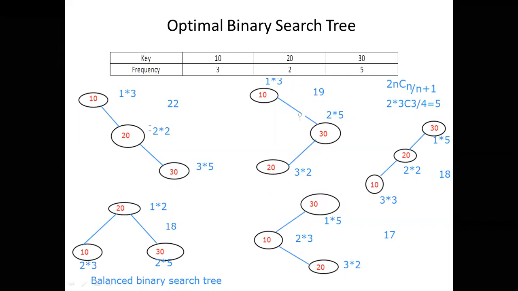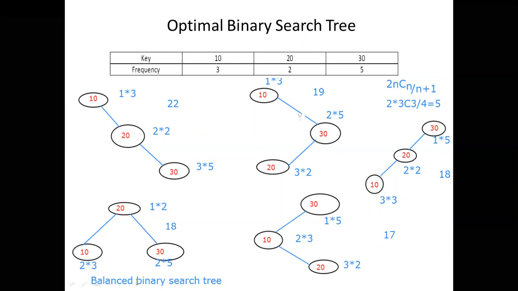One is 22, first tree. Second one is 19. Third one is 18. Fourth one is 17. Fifth one is 18. Compared with all of these, which is the smallest one? 17. And this one has the minimum cost, right? 17 we got. Compared with everything, this is 17. This is the minimum one.